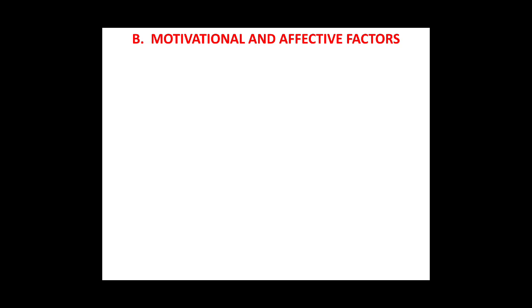Basta doon sa category letter A, cognitive and metacognitive factors, the 6 principles we discussed under that are nature of the learning process, goals of the learning process, construction of knowledge, strategic thinking, thinking about thinking, and context of learning. Yun po yung anim na yon.